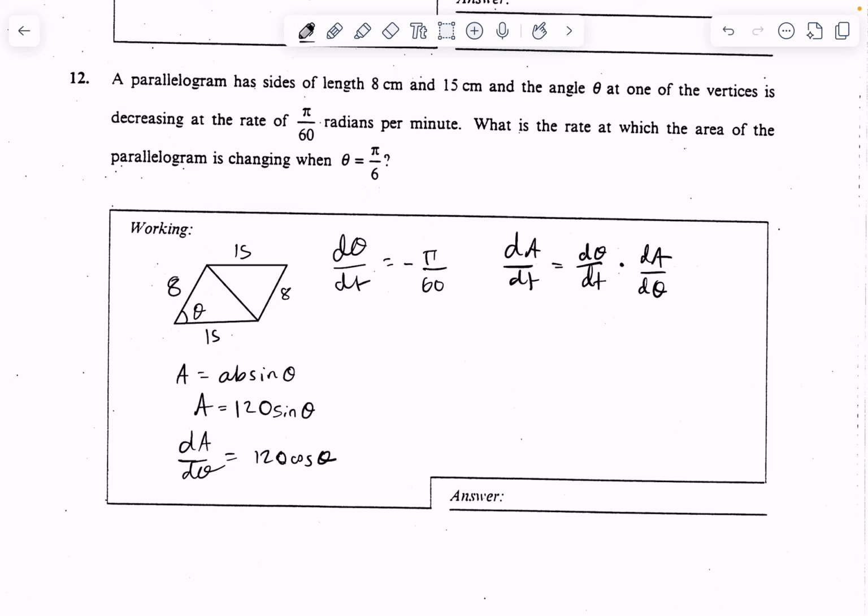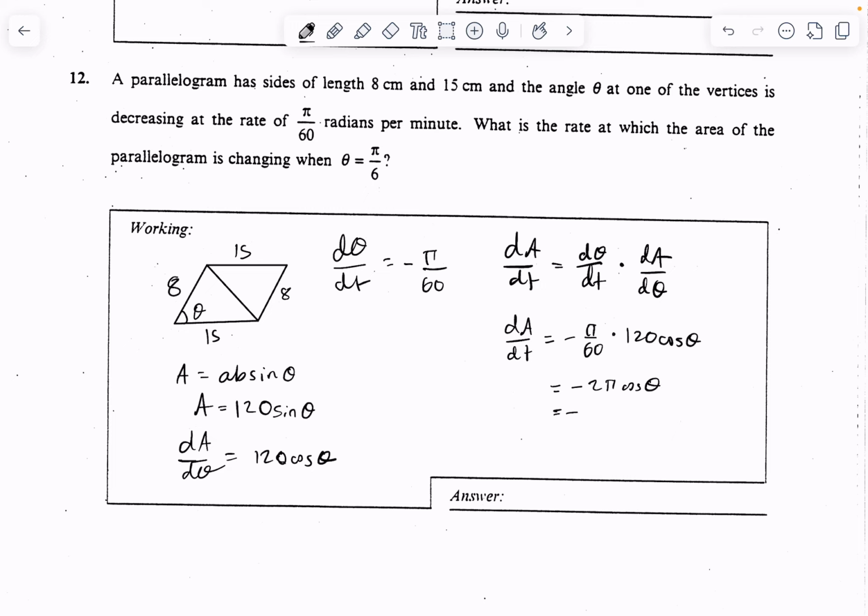And we also have d theta by dt, so dA by dt is going to be minus pi over 60 times 120 cosine theta. And now we can simplify this, and we get minus 2 pi cosine theta. And they want us to find it when theta equals pi over 6.